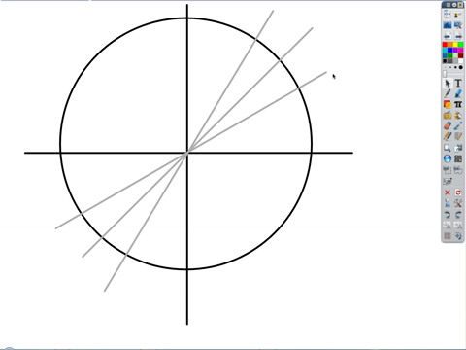The easy ones, of course, are the ones on the axes. For example, right here, what's my angle? 0. There isn't a symbol for radians like the little degree symbol for degrees. If you want to remind yourself, you can put a little r, but you shouldn't.